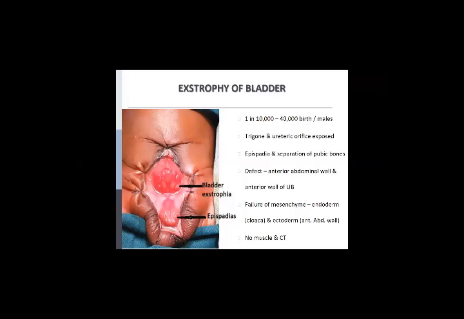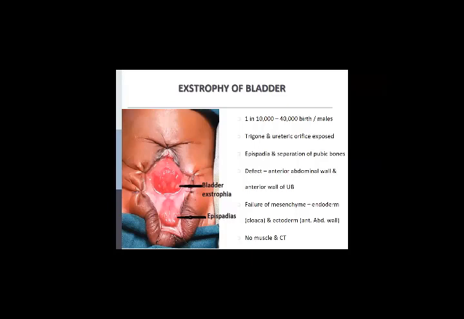The anterior abdominal wall develops in two halves, a right and left. But these two halves of the anterior abdominal wall meet in the midline and complete the anterior abdominal wall.